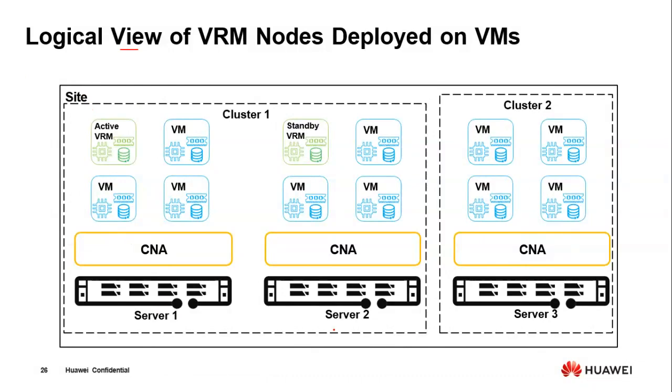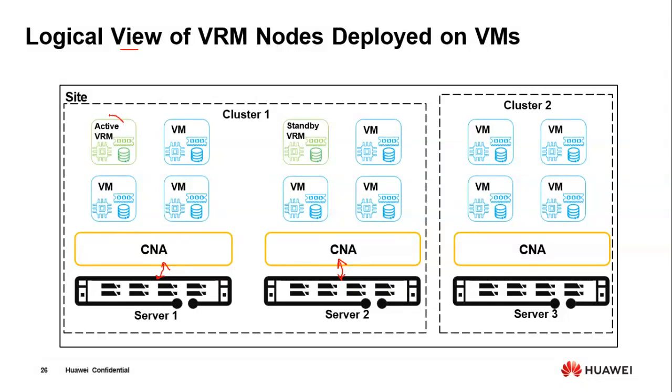So basically you have different servers. On the servers you have your CNA because it's a physical server. So you have your CNA here, then you have your virtual machines. The VRM are of two types.